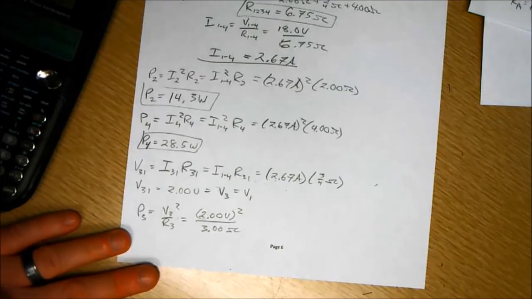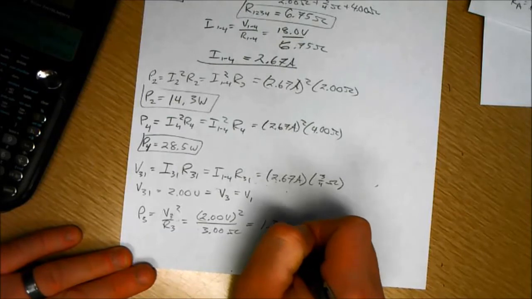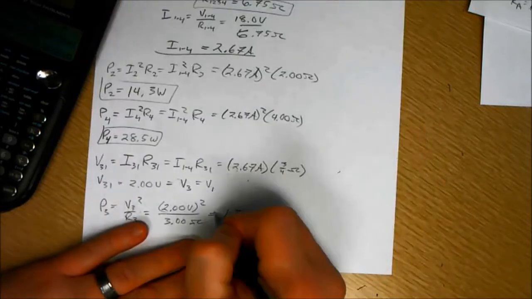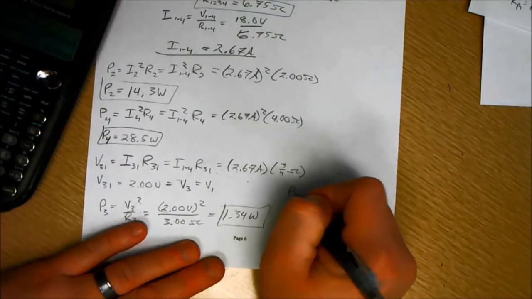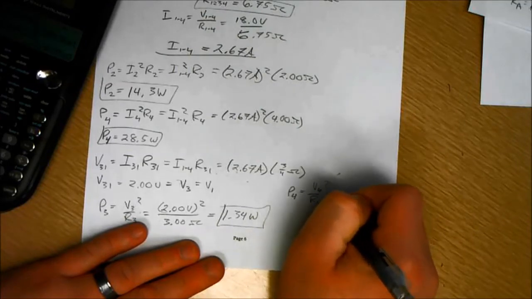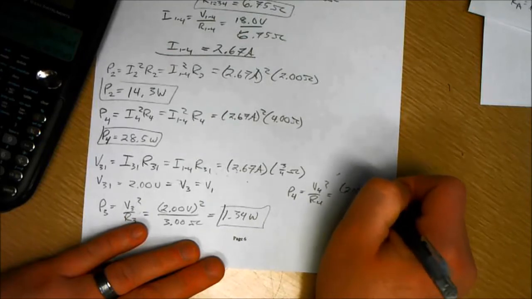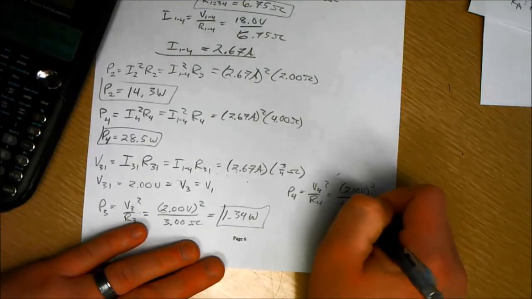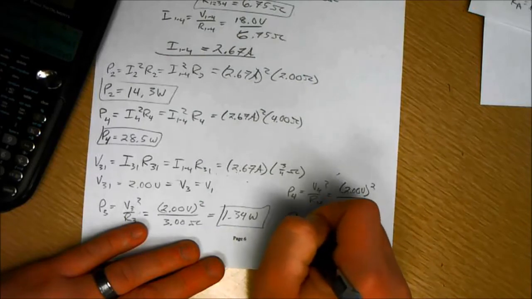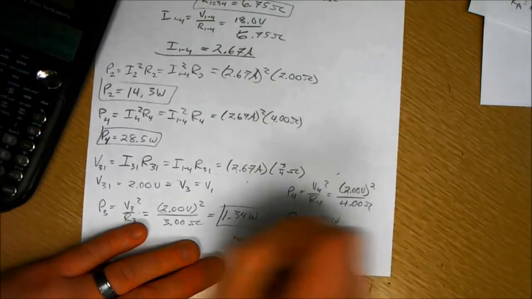So this power is about 1.34 watts. And you can do the same thing for 4. V4 squared over R4 is equal to, again, 2.00 volts because the voltage is the same, over 4 ohms. So P4 is equal to 1 watt.